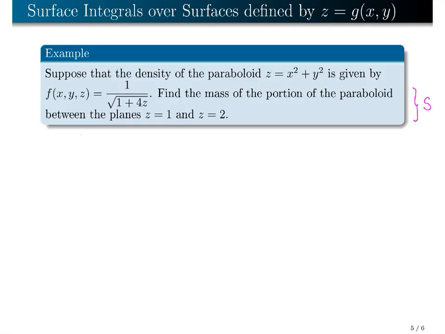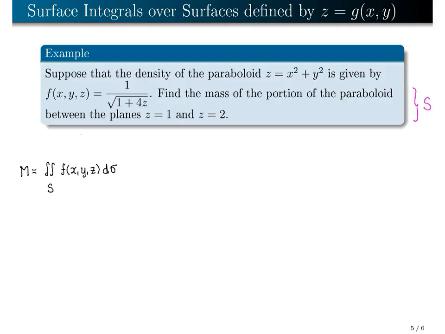Recall that the mass m of surface S is given by the surface integral of the density function f of (x, y, z) d sigma over S. If we wish to use the previous remark to evaluate this surface integral, we need to represent surface S in the form z equals g of (x, y).